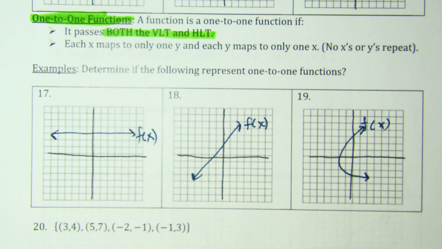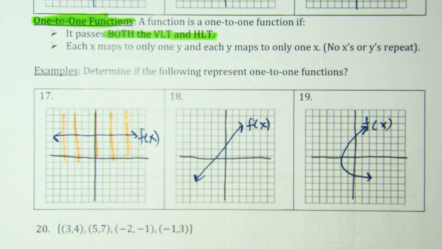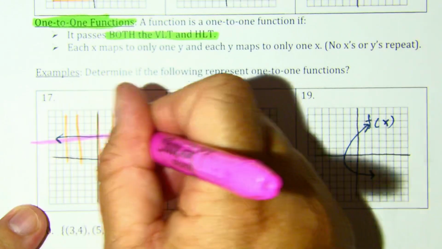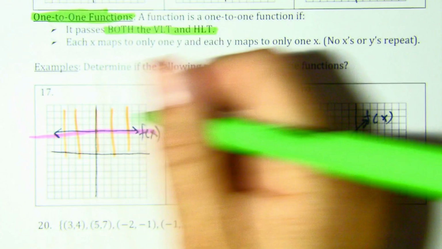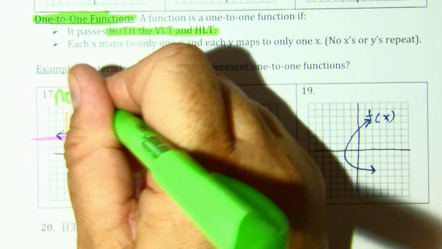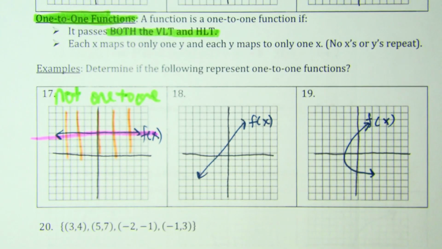So let's do the vertical line test first. Vertical line test passes. All right, so f of x is a function. Oh, but it fails the horizontal line test. Inverse f of x, that fails that horizontal line test. So it's not one-to-one. Okay.